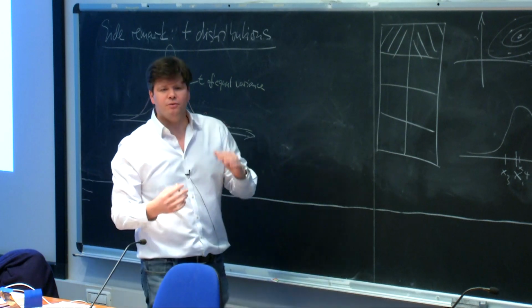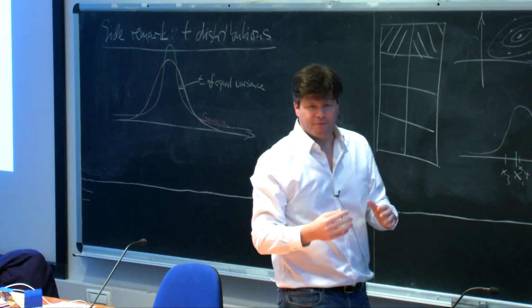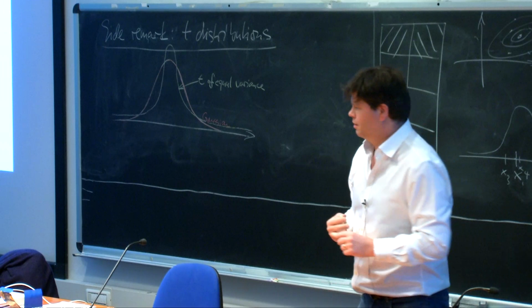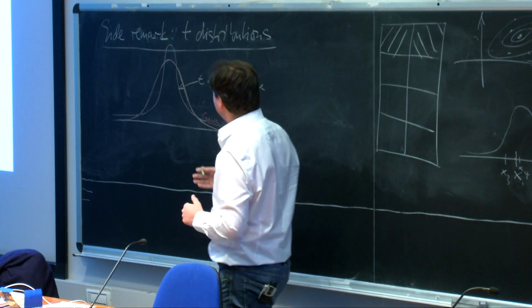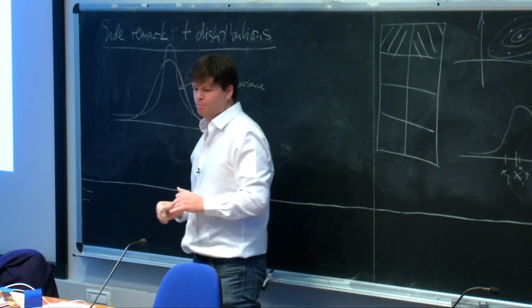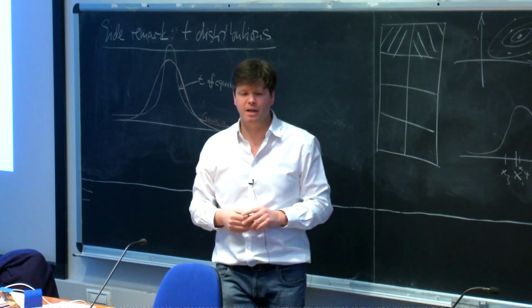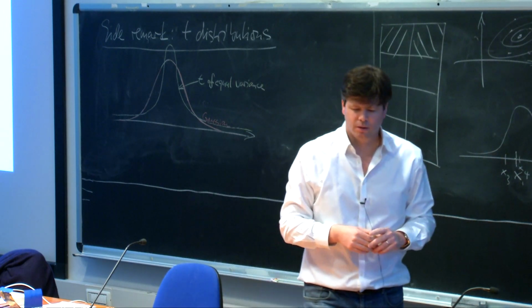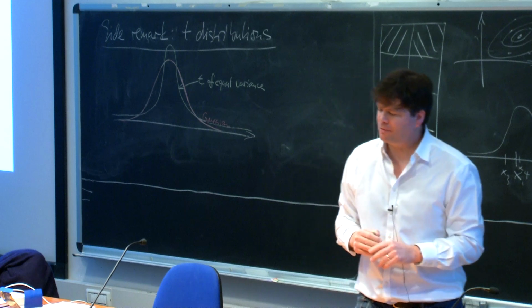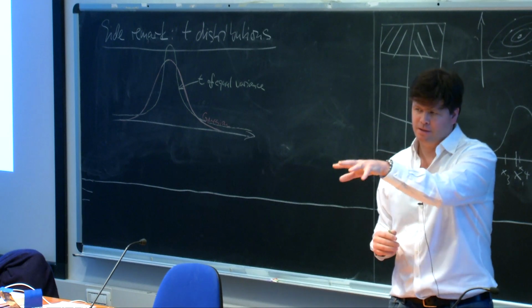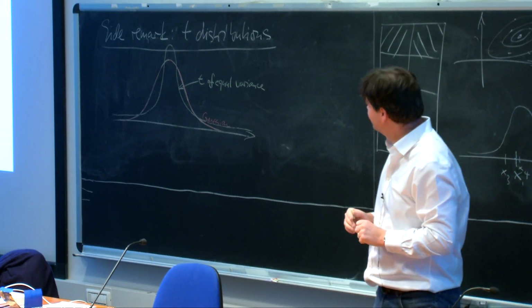And this is when you're uncertain about the variance of your Gaussian. And this is mostly the case when you have few observations. Then you are uncertain about the variance of the Gaussian you have been making these observations from.